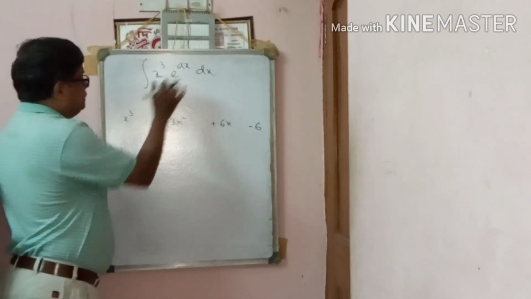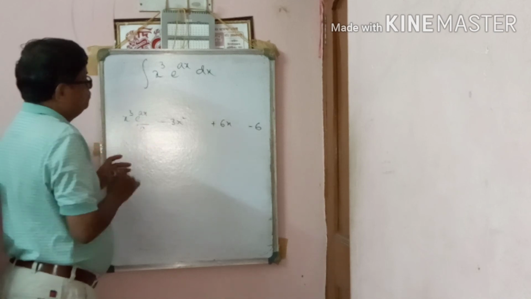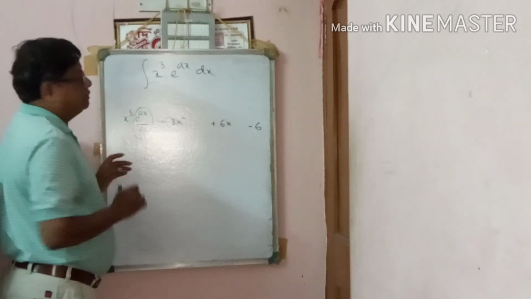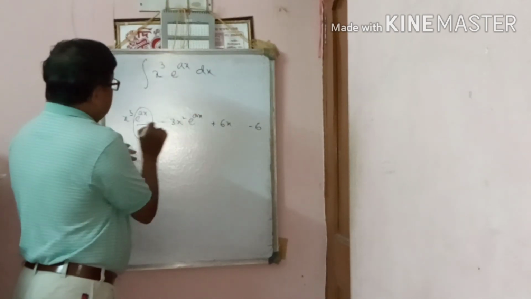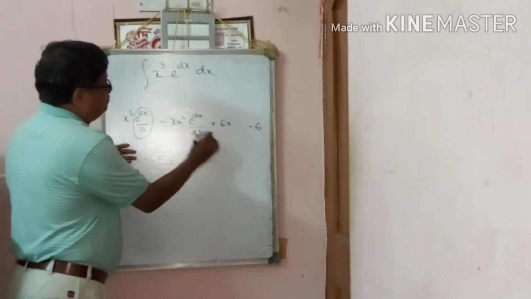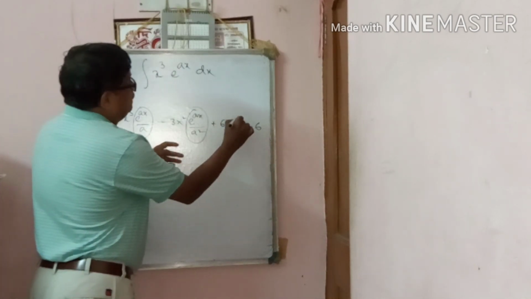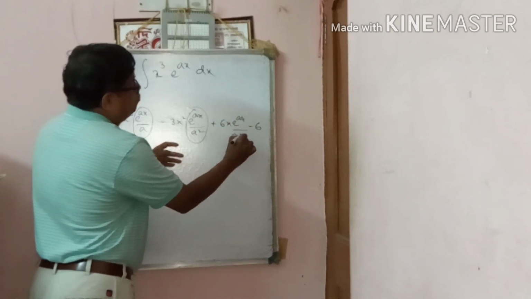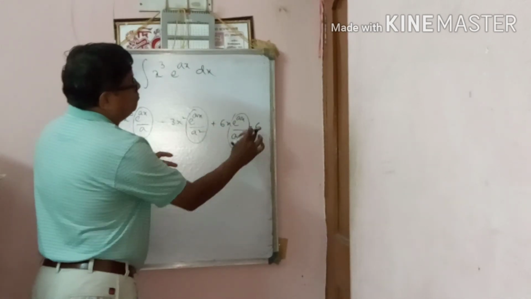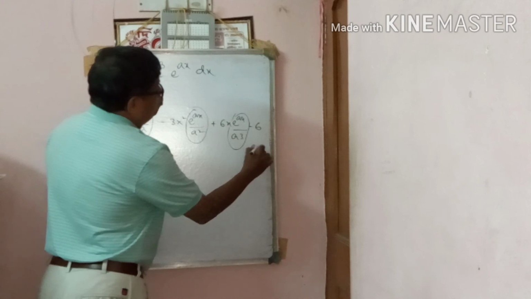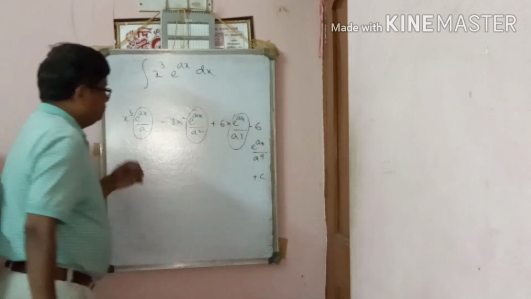Now e to the power ax, you write e to the power ax by a. Again its integration, e to the power ax by a square. Again its integration, e to the power ax by a cube. Again its integration, this part minus 6 into e to the power ax by a to the power 4 plus constant c.